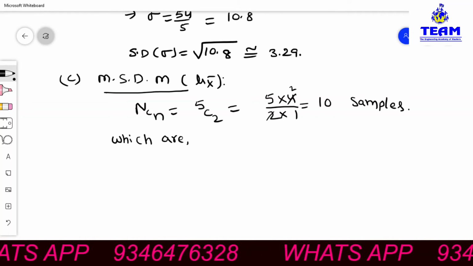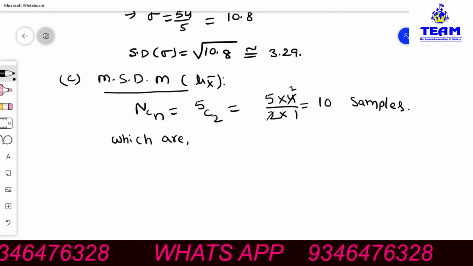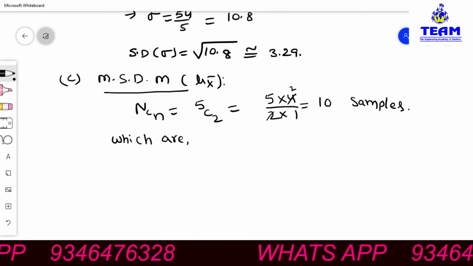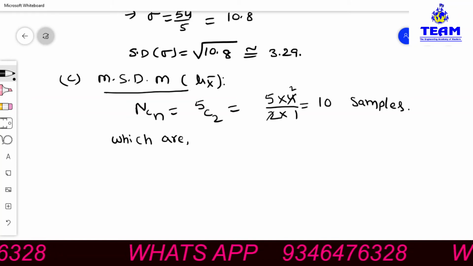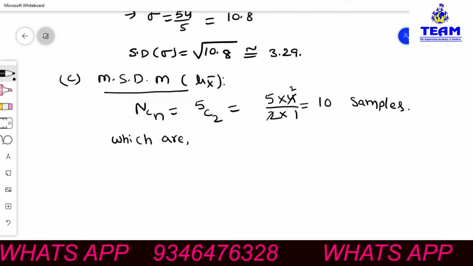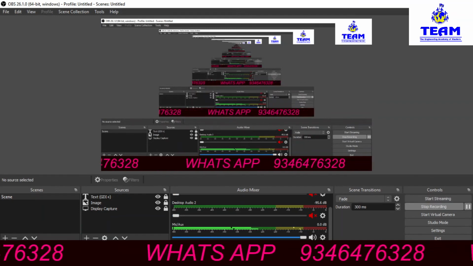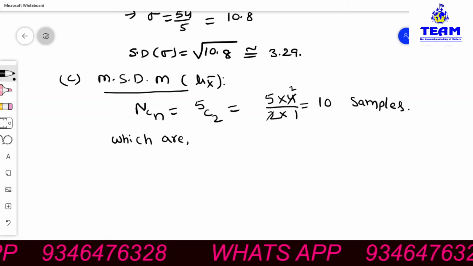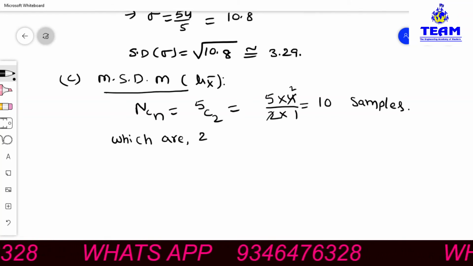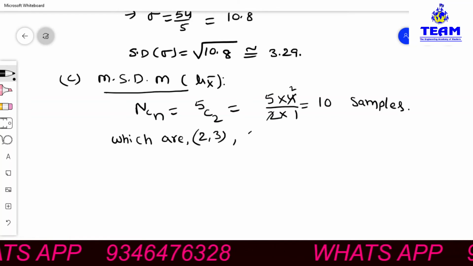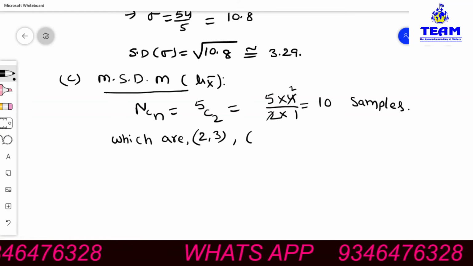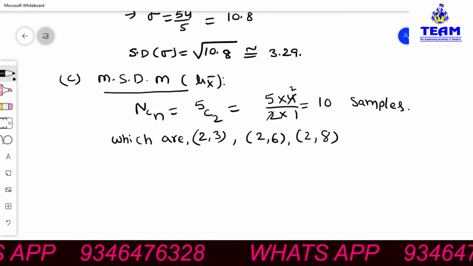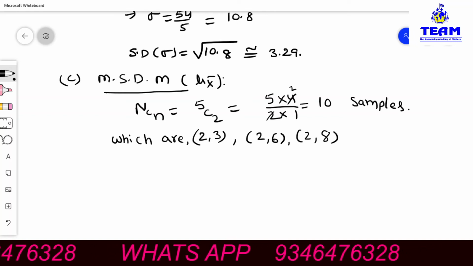So which can be taken without repetition as 2 comma 3, 2 comma 6, 2 comma 8 and 2 comma 11.